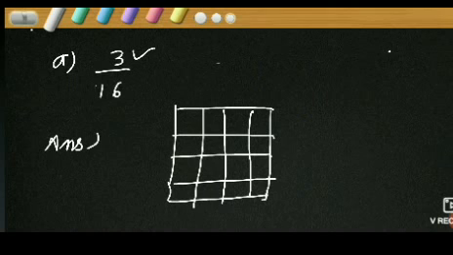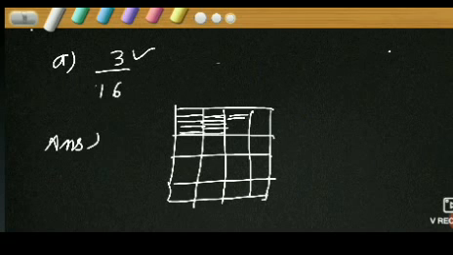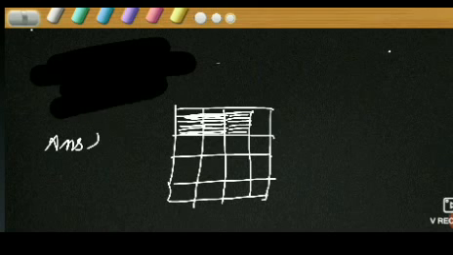Yes, 3 boxes have to be shaded among 16 boxes, isn't it? So how? One, second one, third one. These need not be neighboring boxes. You can shade anywhere, but the number should be 3. That's all. Okay, this is the answer. Got it? Next question.